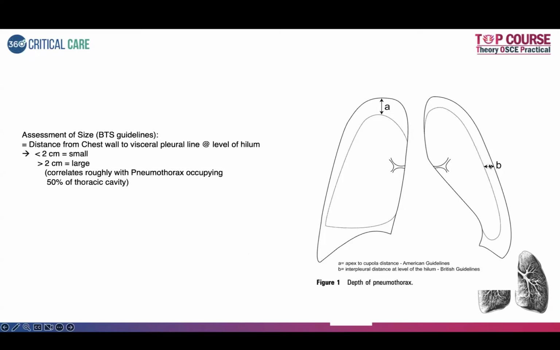If this distance is less than 2 cm, it is small, and if it is more than 2 cm, it is large. It roughly correlates with the pneumothorax occupying 50% of the thoracic cavity. So this is one of the techniques of assessment, but it is very vague. It gives you just a rough estimate.